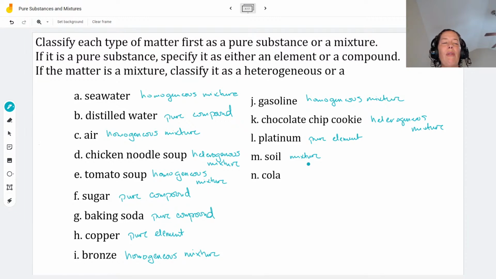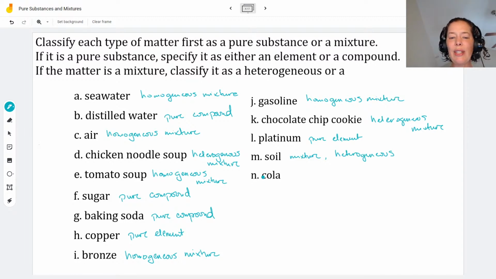If you're in an area with really sandy soil and you take a soil sample, it might be really close to homogeneous. But most soils, if you dig a soil sample, you can see that there are different layers in the soil. So most soils are going to be heterogeneous. But they are definitely a mixture of different compounds.